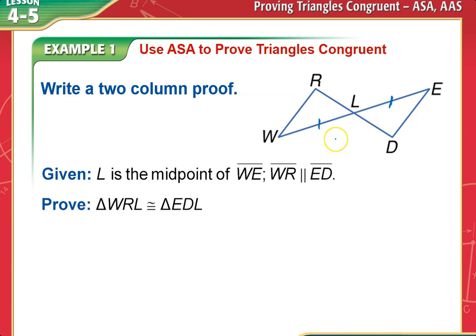We also know that WR is parallel to ED, and that's going to tell us some information about other angles. These two angles are congruent because they're vertical. So if we can get angle E to be congruent to angle W, then we can use angle side angle. Let's see what happens in our two-column proof.